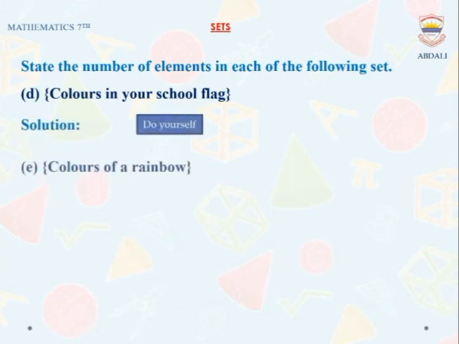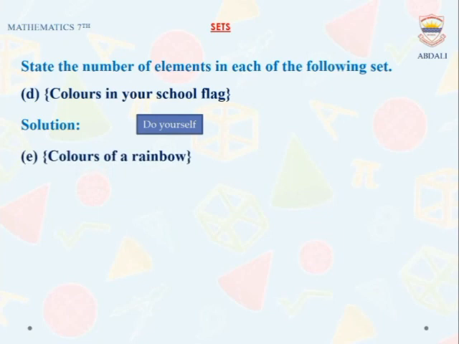Okay? And the next part is colors of a rainbow. Okay. Yes class, you know what a rainbow is? A rainbow is formed after rainfall. So a rainbow has how many colors? A rainbow has 7 colors. So the number of elements of this set is 7.